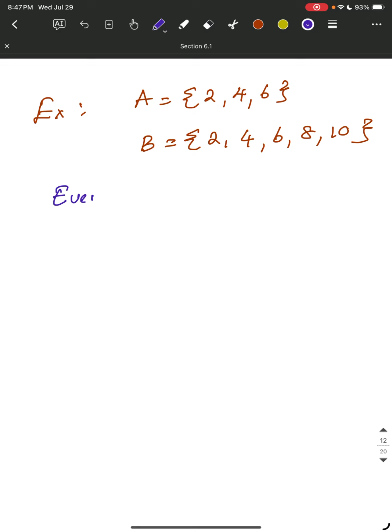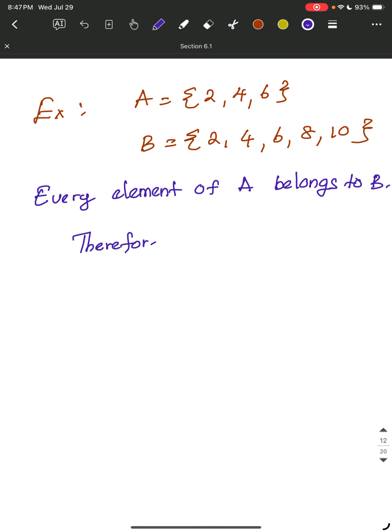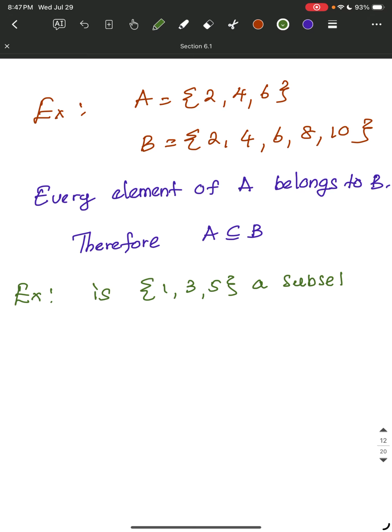Therefore, set A is a subset of B. Extra example: is the set 1, 3, 5 a subset of this set? Yes, because every element in set 1, 3, 5 is contained in the second one.